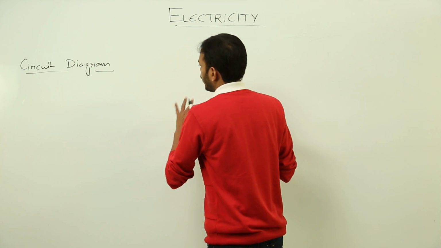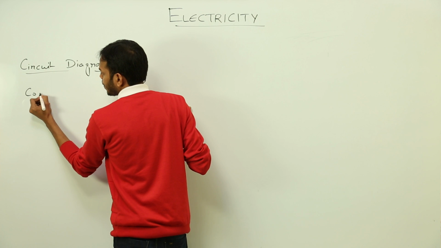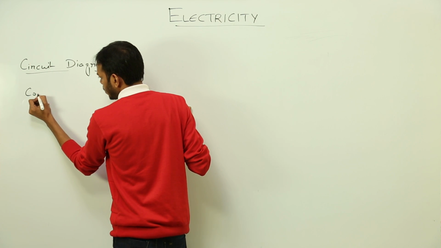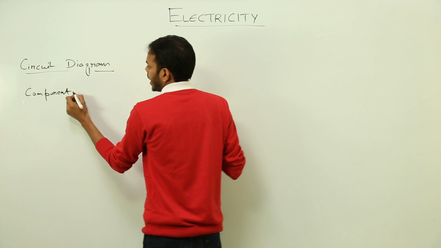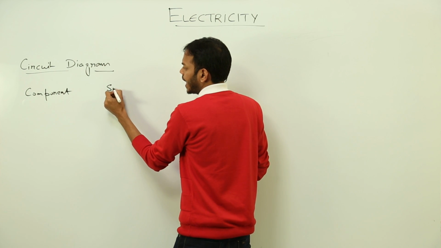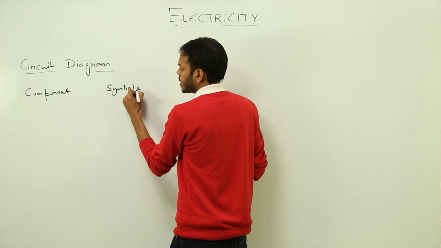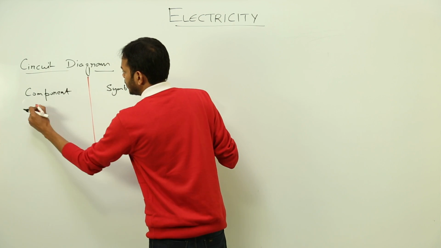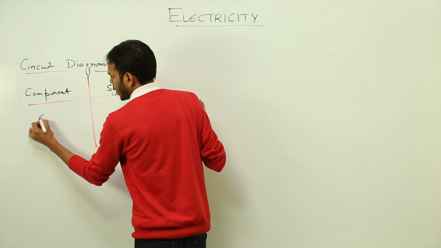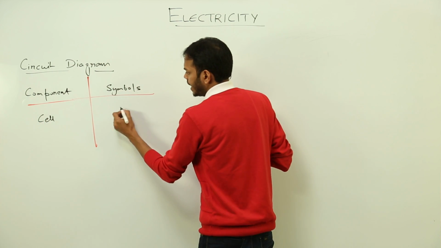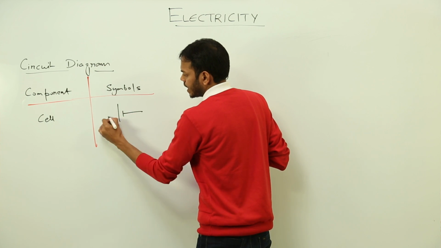On one side I'll be writing the components of a circuit, and on the other side I'll be writing the symbols. Alright, this is how it will go. The very first and basic one is a cell. A cell is shown by this.